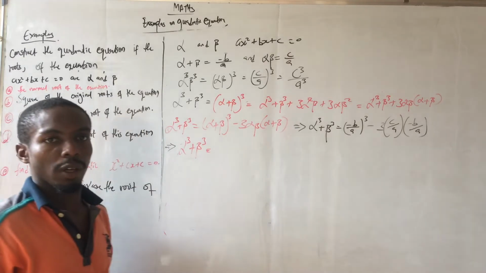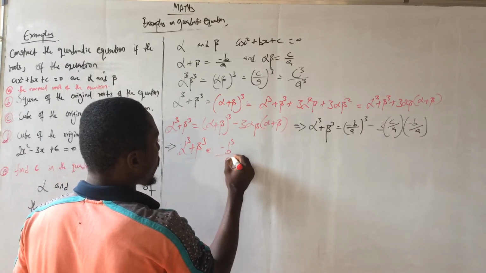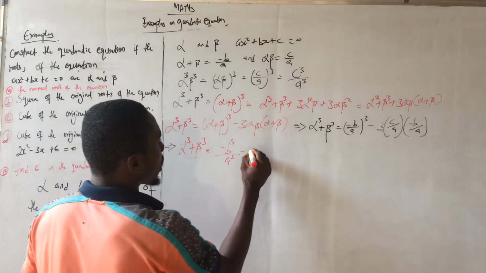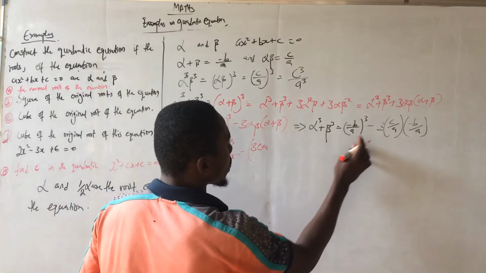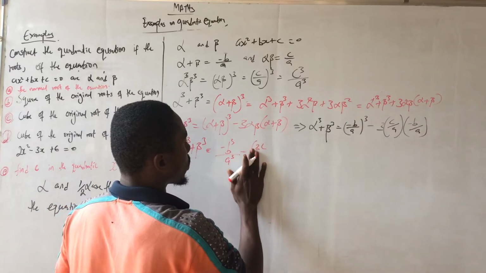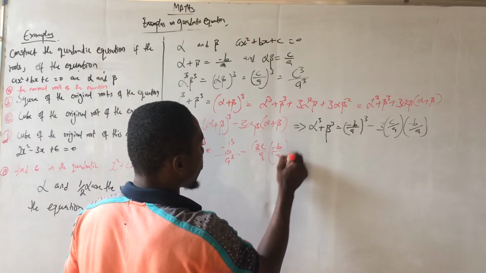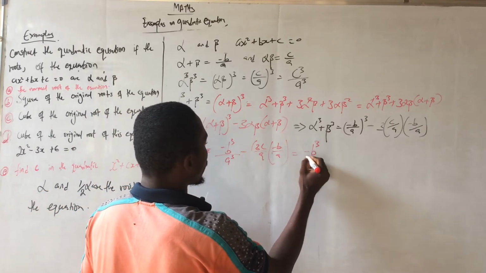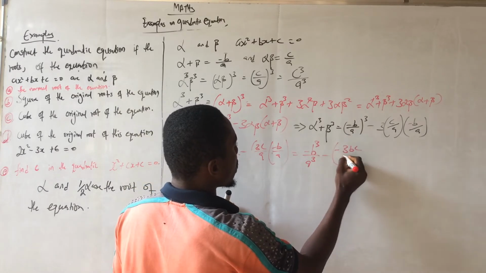Now minus b raised to the power 3 is minus b cube, so this is minus b cube over a cube, minus 3c over a times minus b over a.